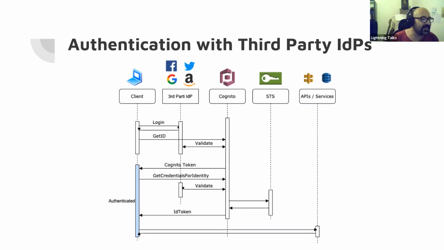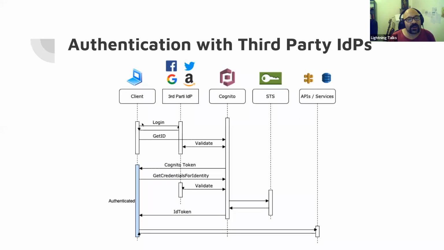So let's see a little bit on a high level how third-party integration works with Cognito. You have the identity provider, the third party, this is Facebook, Google, or whatever identity provider you want to use. It can be your own proprietary identity provider, such as Okta or SAML or something like that.